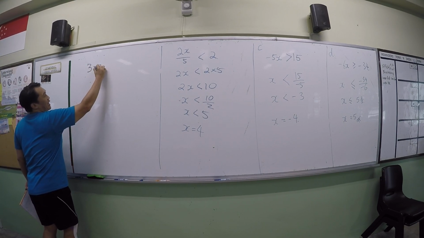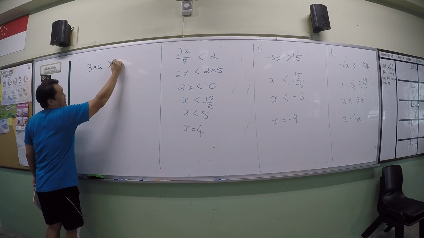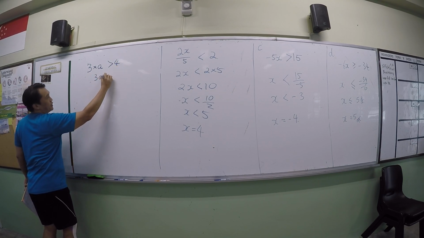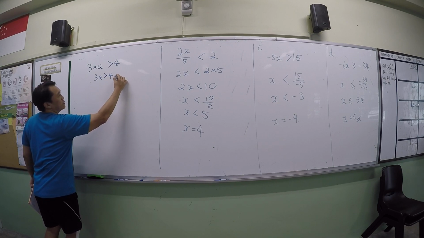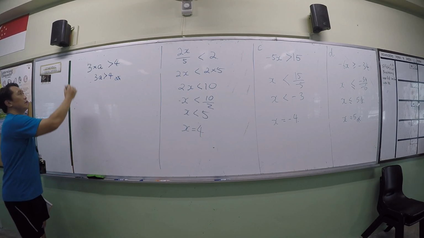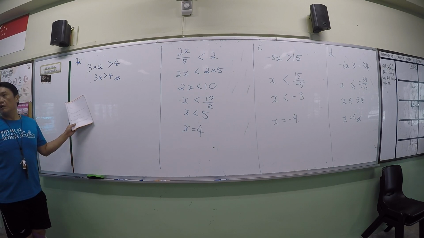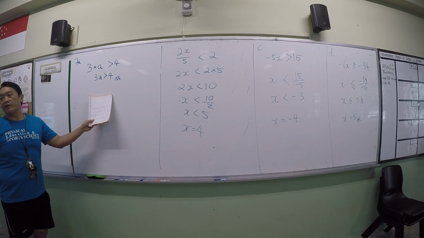Okay? Or simply 3A larger than 4. You see? English writes so many words. Maths can write like that already.